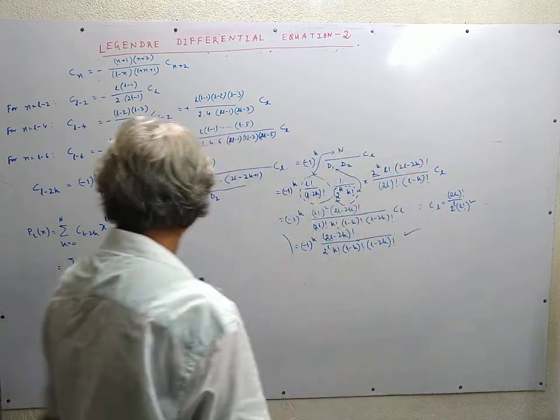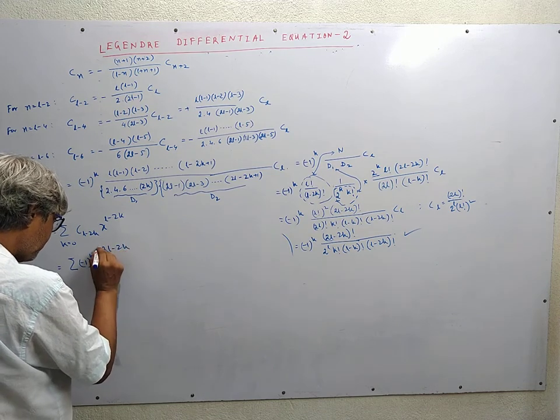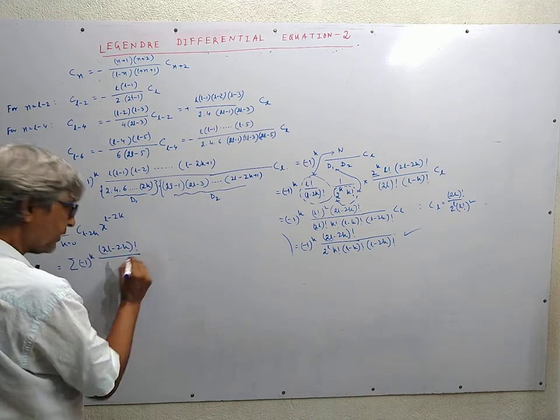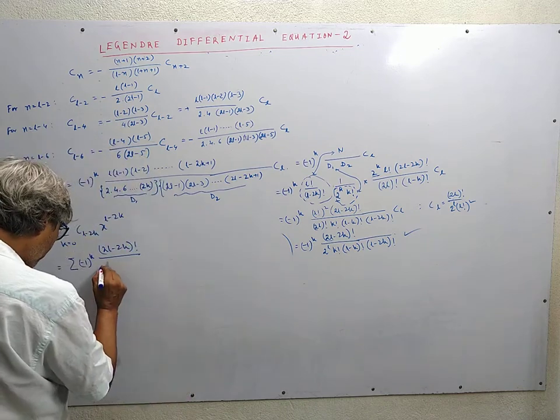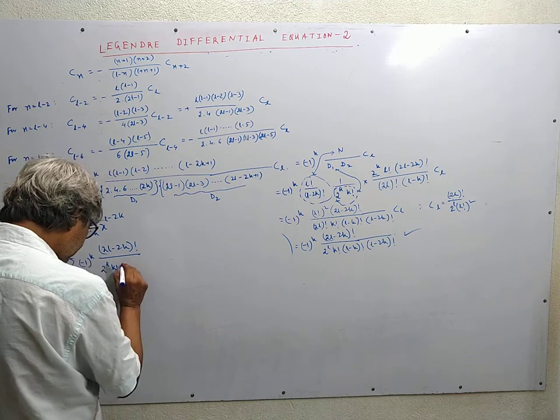So this is (2L minus 2k) factorial, in the denominator we have 2 to the power L, k factorial, (L minus k) factorial.